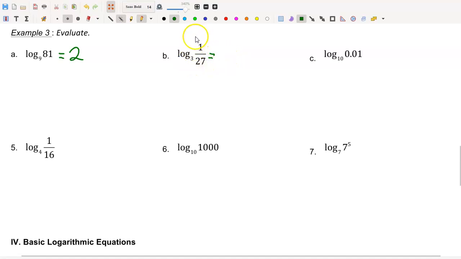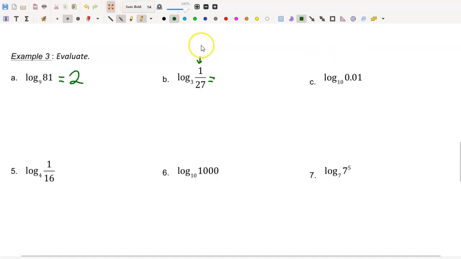First thing you should notice is that since our number is a fraction here, automatically that means our answer is negative. Okay. So we have 3 to the third power is 27, so 3 to the negative third power would be 1 over 27.